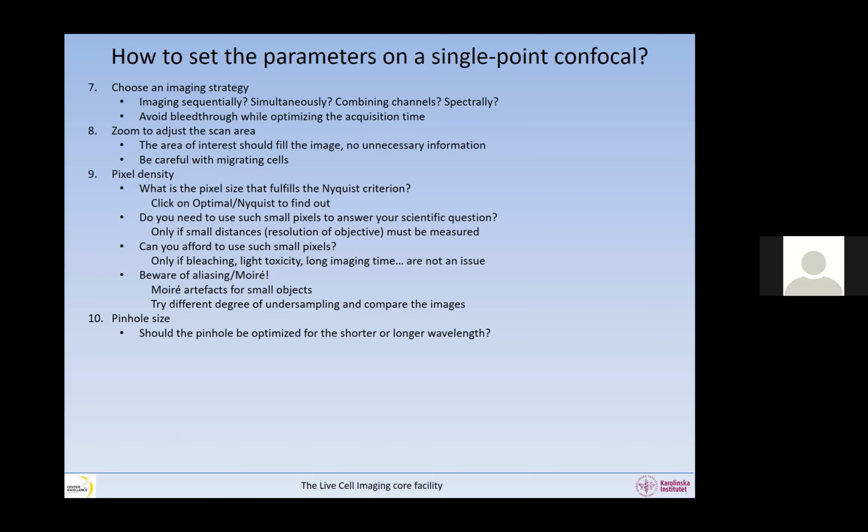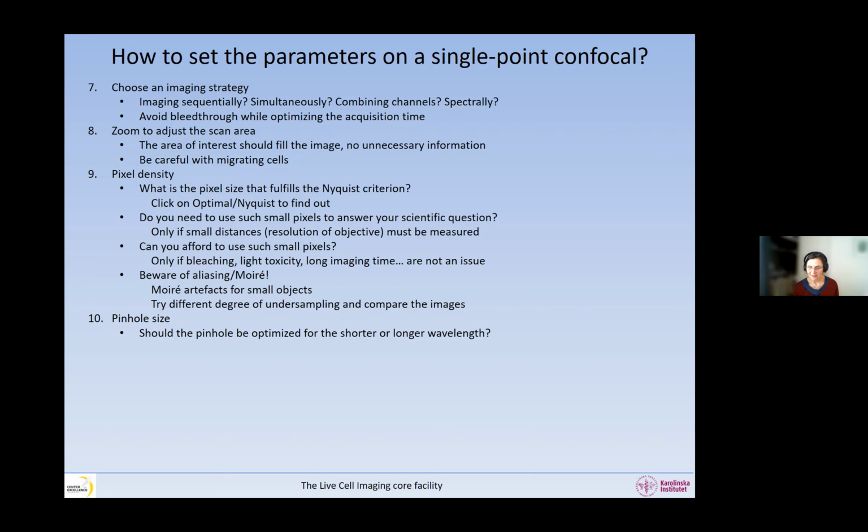Absolutely all companies who make single point confocal will give you an option to automatically set the pixel size to the Nyquist sampling. I don't know the names for all of them. In the Zeiss software, the button is called Optimal. And in the Nikon software, it's called Nyquist.